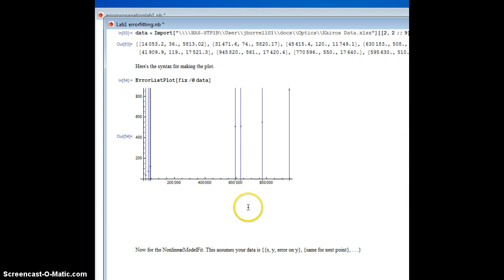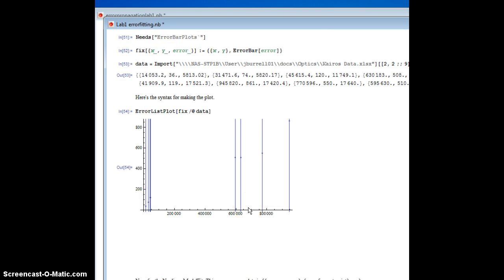And you can see our error bars are pretty big, obviously. As I said, I was probably overly conservative in how much error I said we probably had. So you can see very large error bars. Well, that's okay.